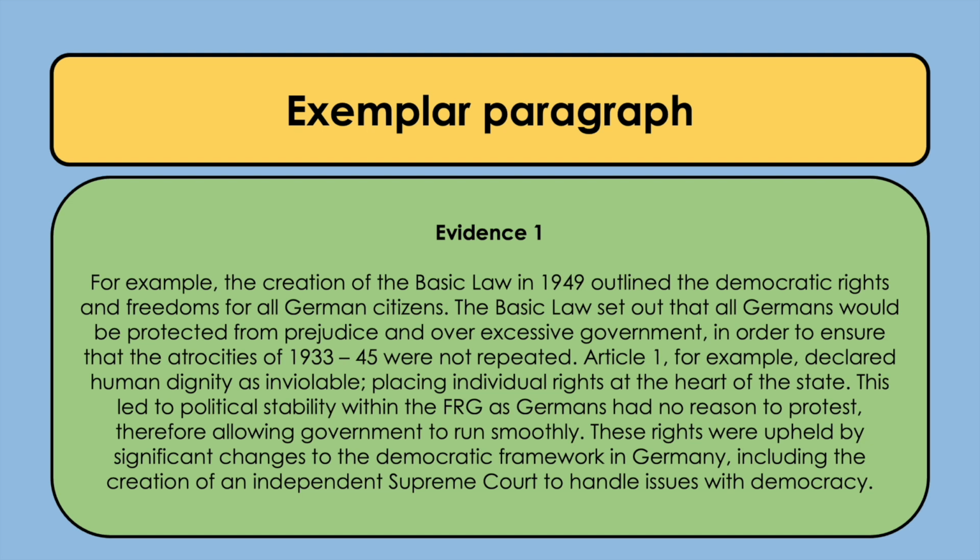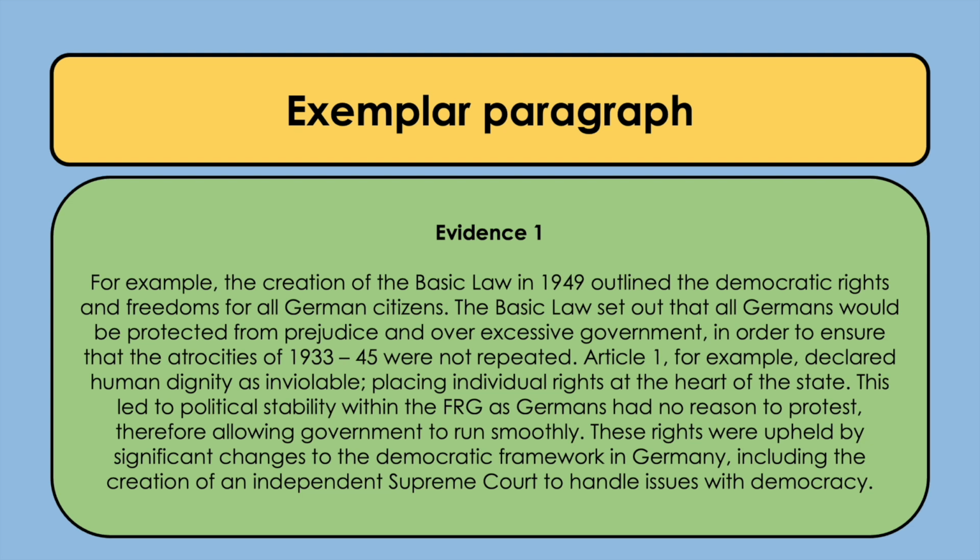So I'll read this part out and then we'll break it down and go through it. For example, the creation of the Basic Law in 1949 outlined the democratic rights and freedoms of all German citizens. The Basic Law set out that all Germans would be protected from prejudice and over-excessive government in order to ensure that the atrocities of 1933 to 45 were not repeated.